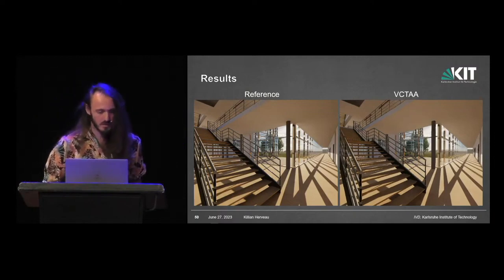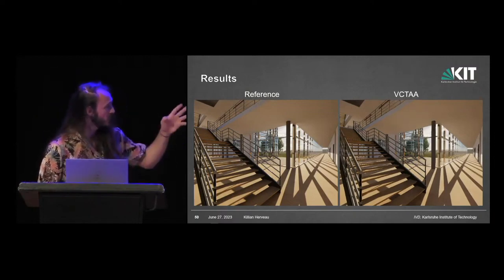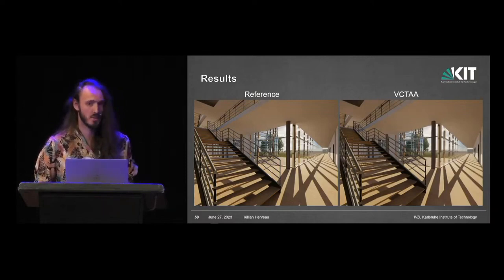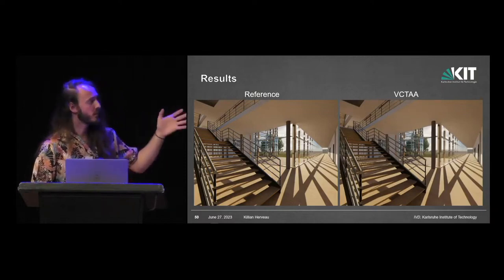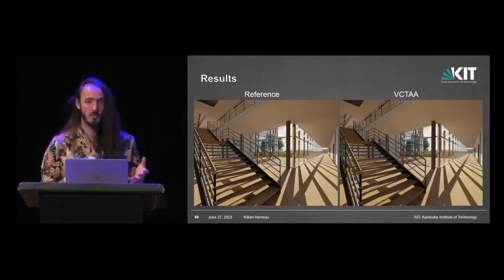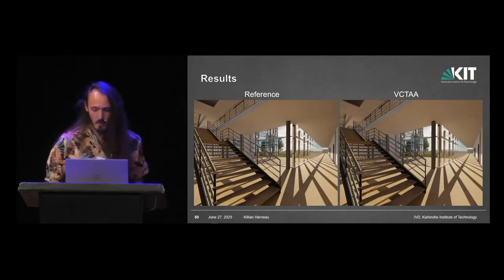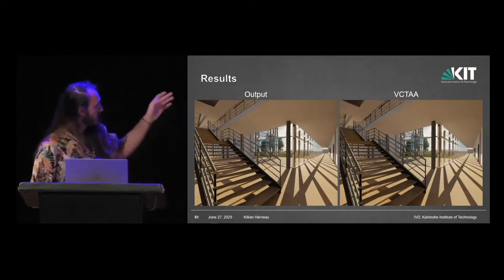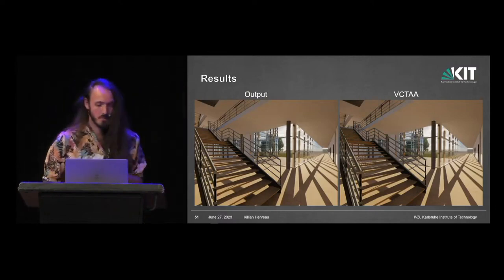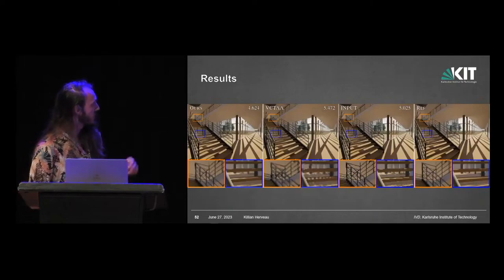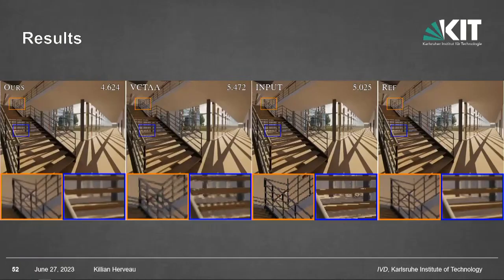And here's VCTAA. And you can notice there's a few artifacts that appear because this frame is actually taken during a motion, and this is a lot of ghosting that you see there. And here's our output against VCTAA. And maybe you're more interested in looking at close-ups. So here on the left you can see ours and VCTAA just next.